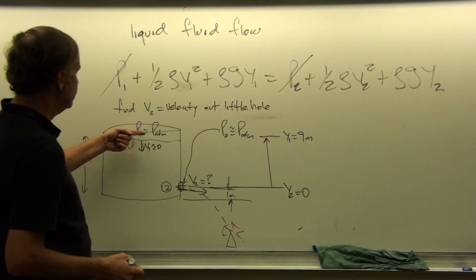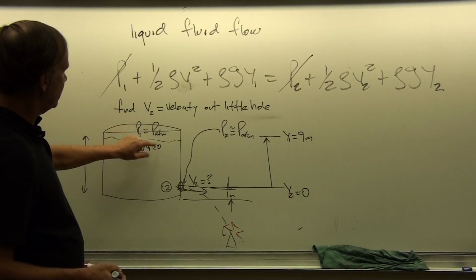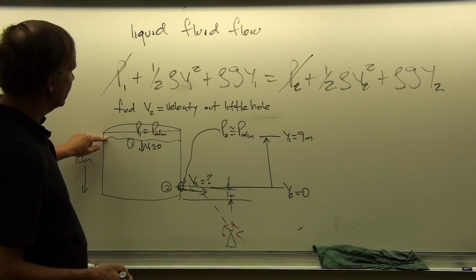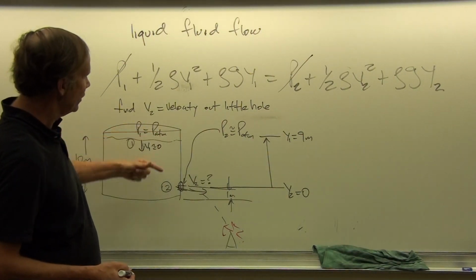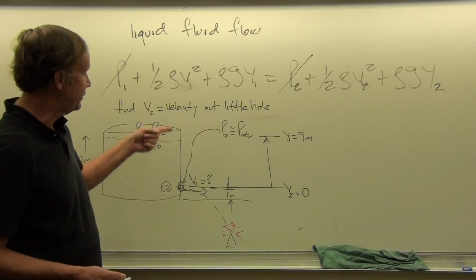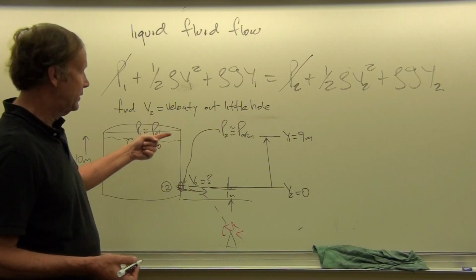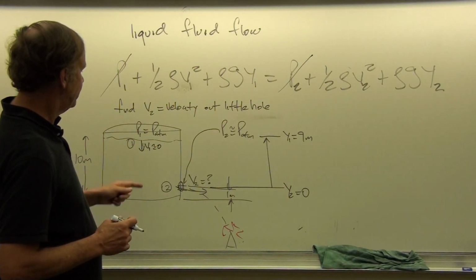Now, is V1 truly equal to 0? Well, no. But if this is, for example, the surface of a bathtub, and that's dropping very slowly relative to the velocity that the water is going out the drain, which would be the same kind of problem here, at least in basic outline, then V1 is small.